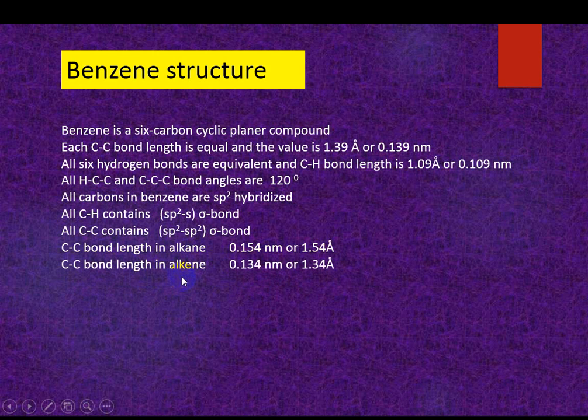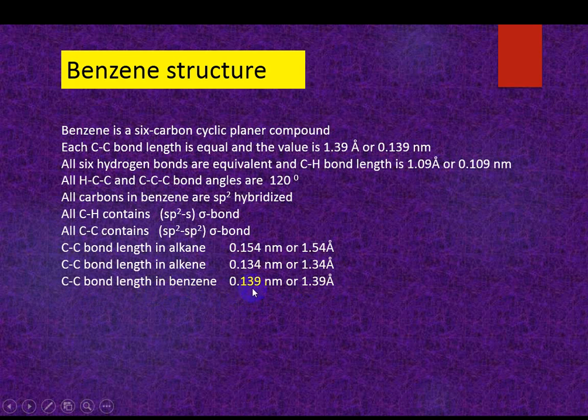Carbon-carbon bond length in alkene is 0.134 nanometer, so it decreases. Carbon-carbon bond length in benzene is 0.139 nanometer.